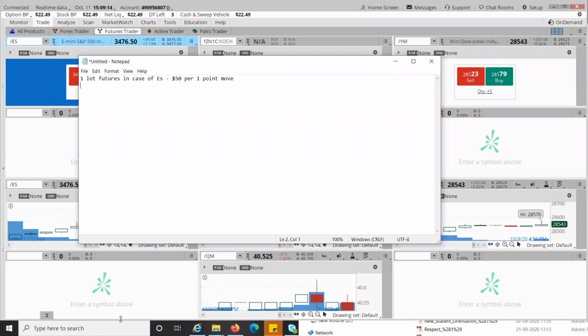Because during the daytime, futures is most heavily traded. And if you do not have a leverage of like 10 to 20 points, like at least $1,000 as a stop loss, it's going to kill your account. All right. So please be mindful of these points before you even jump into futures.